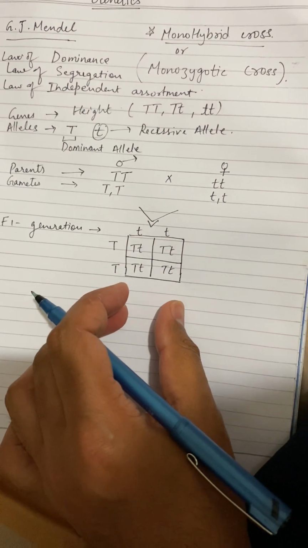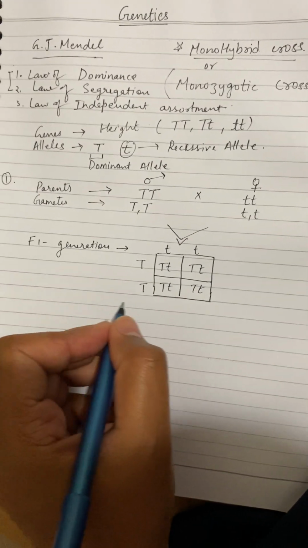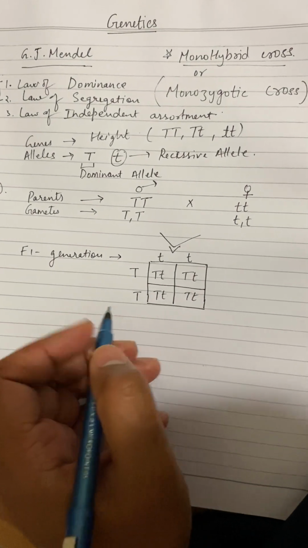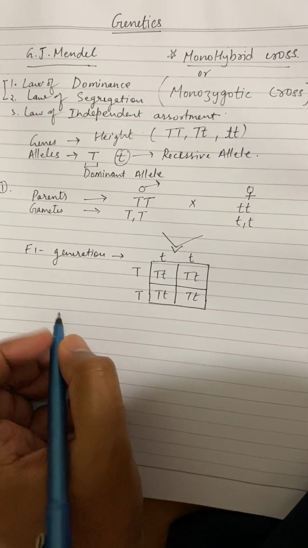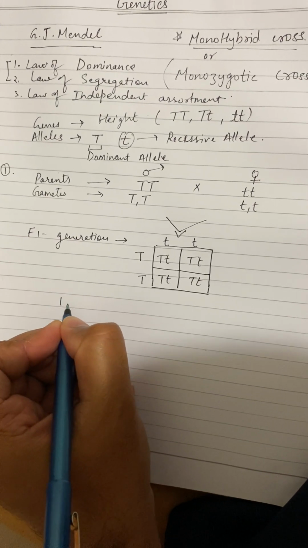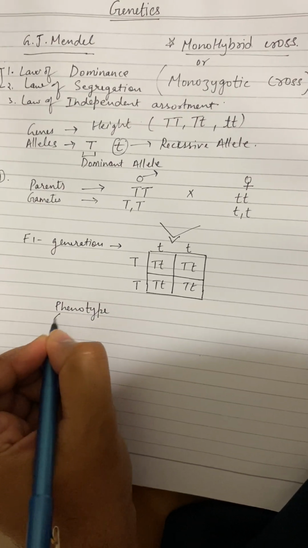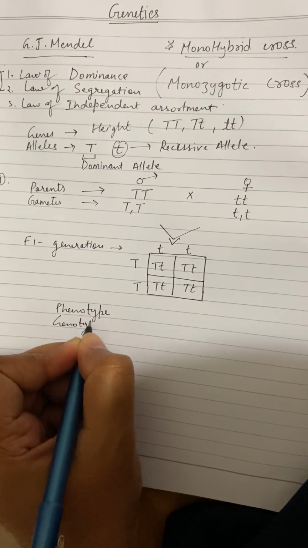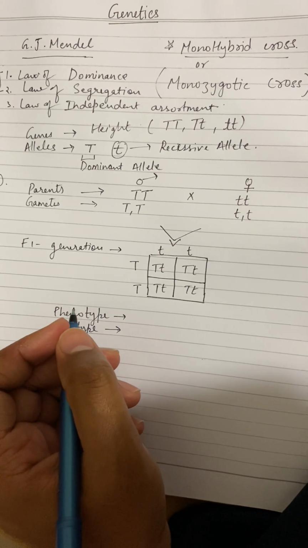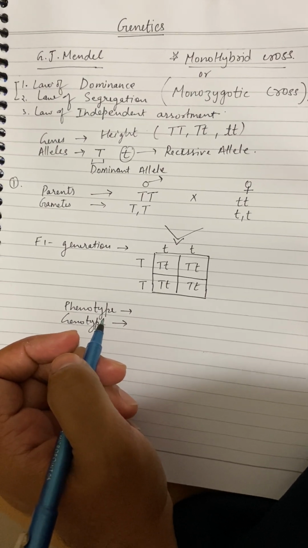If we go to the next generation, the F2 generation, then we can cross these two together. But before that, let's see phenotype and genotype. Phenotype refers to the outer characteristics of a plant, of an organism.